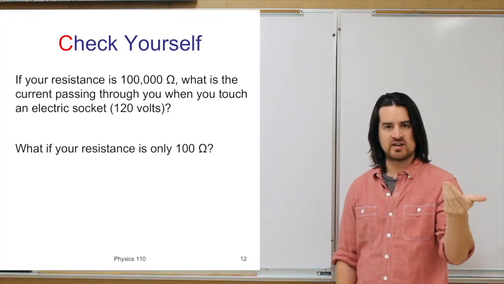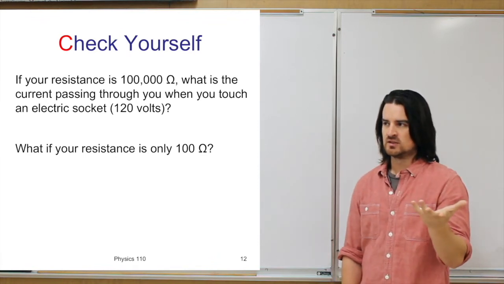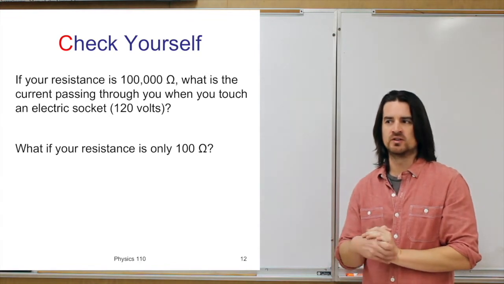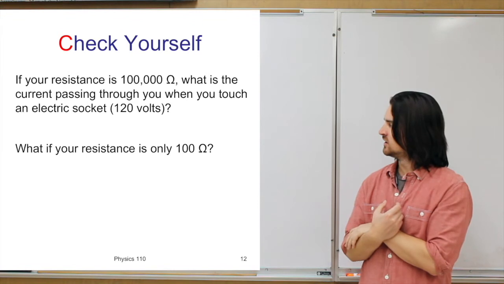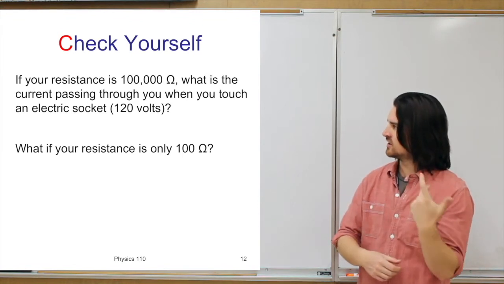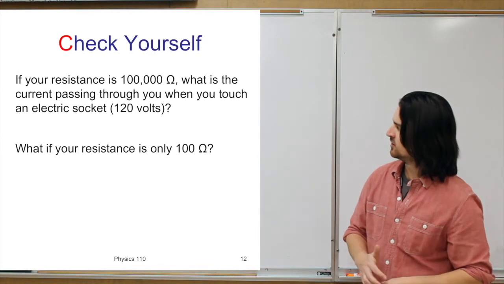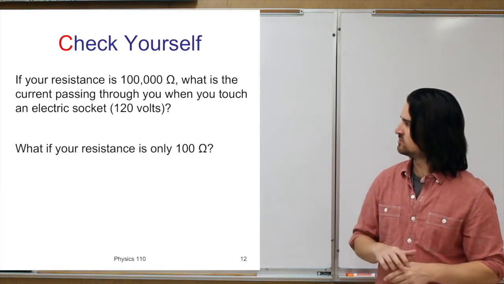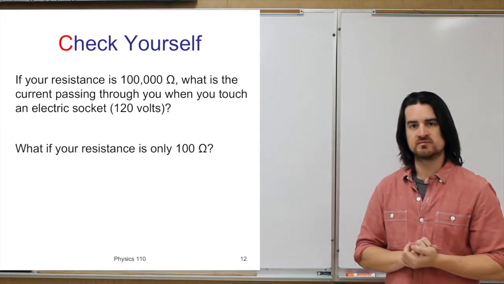It actually has about 100,000 ohms of resistance, meaning it's going to be difficult for current to flow through your dry skin. So let's say your skin has that 100,000 ohms of resistance. How much current is going to pass through you if you were to touch a 120 volt electrical socket?